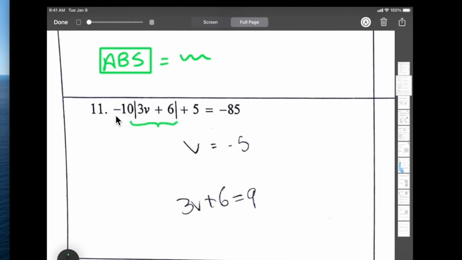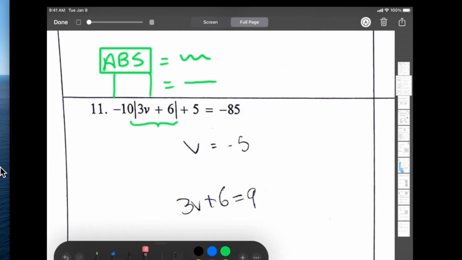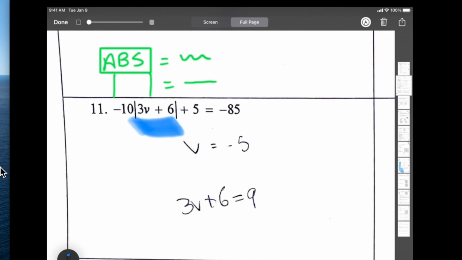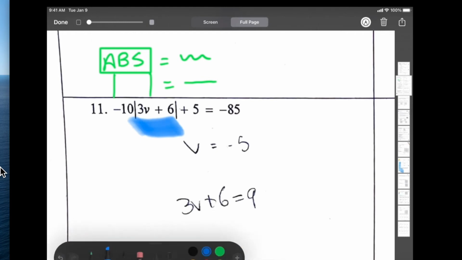Okay, not including the negative 10, just the brackets. Okay, we have to have absolute value equals something else on the opposite side. Okay, so what's preventing us from having that construct that we want? This is what we want, this is what we have. What's preventing us from having what we want. Okay, we want this by itself. What's preventing us from having that?